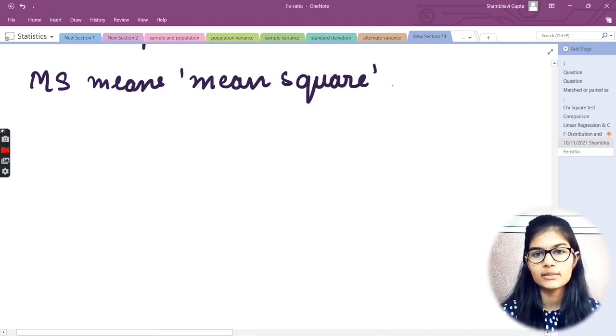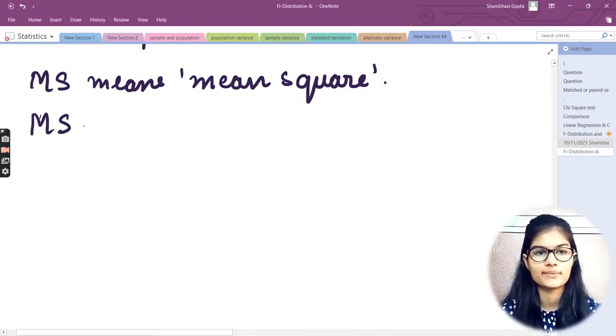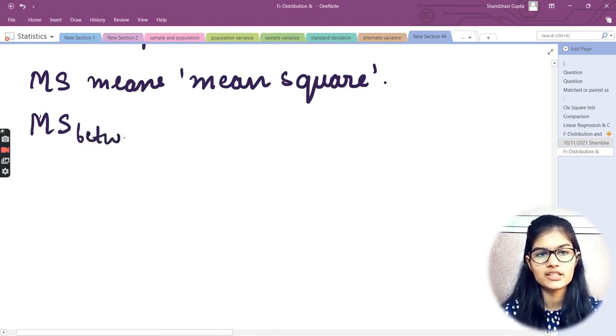Now, what is MS between? I will write that out as well. So MS between, one second. Here it goes, the between in the denominator, right?